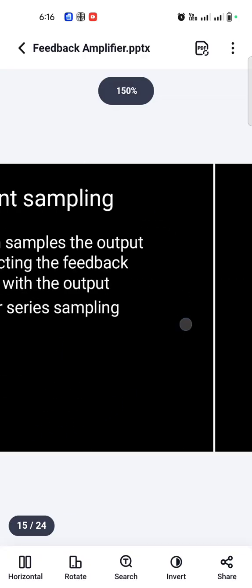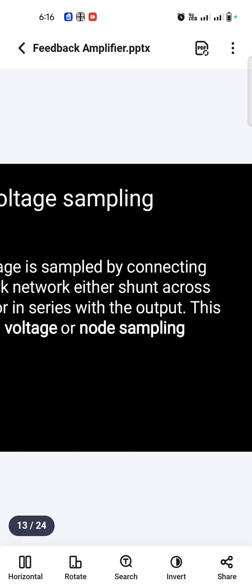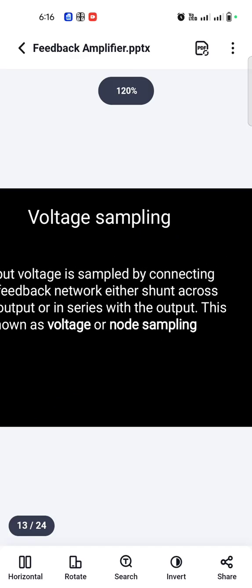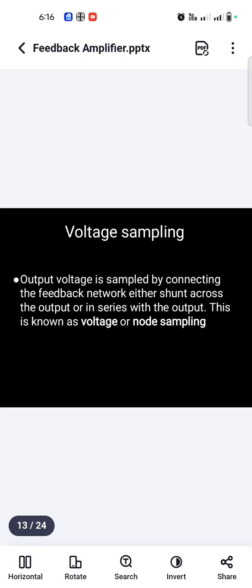Okay, in voltage sampling, it is otherwise called node sampling or shunt sampling or parallel sampling, since the part of the output signal is taken in parallel, across the load.